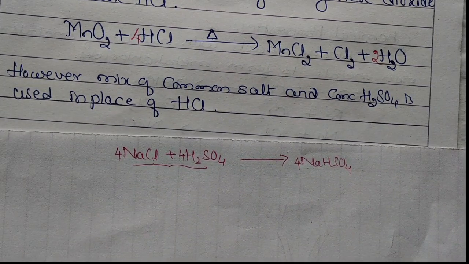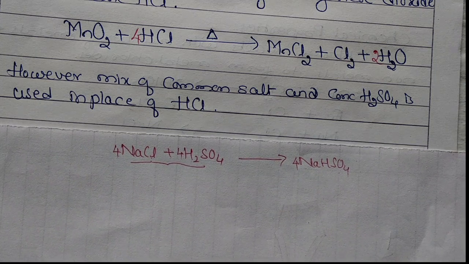However, a mixture of common salt and concentrated sulfuric acid is used in place of HCl. Then the second method of preparation of chlorine is the action of HCl on potassium permanganate, KMnO4.